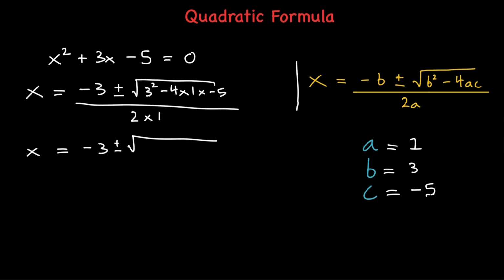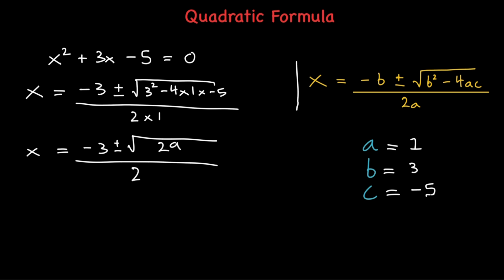So 3 squared is 9, and then minus 4 times minus 5 is positive 20, times 1 is 20. So that becomes 9 plus 20, which we can see straight away is 29, all divided by 2 times 1, which is just 2.